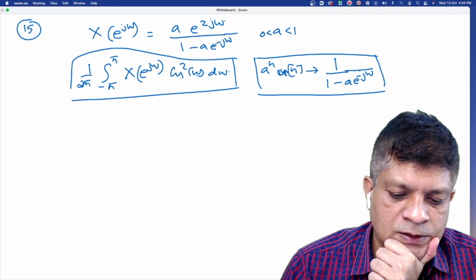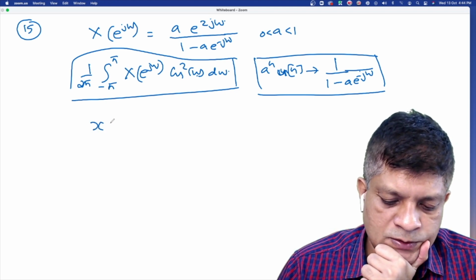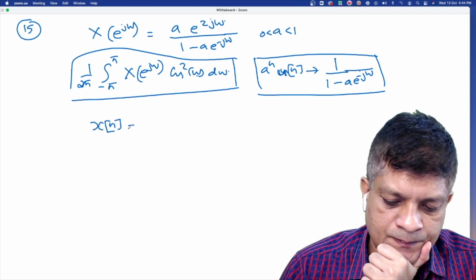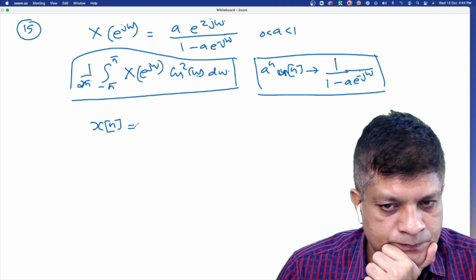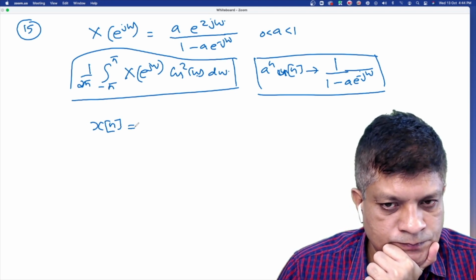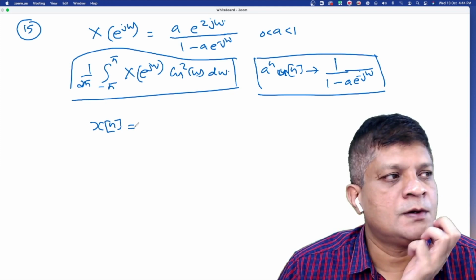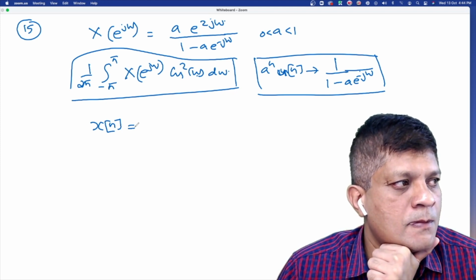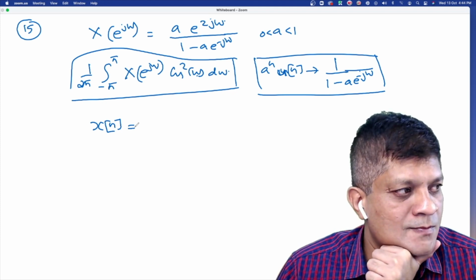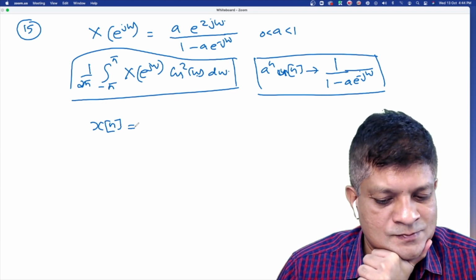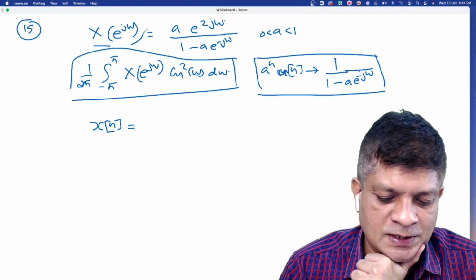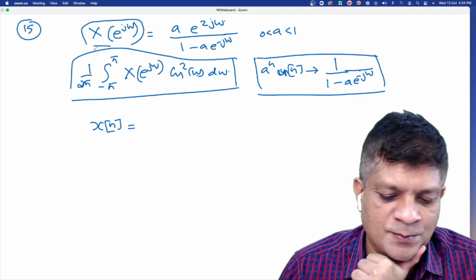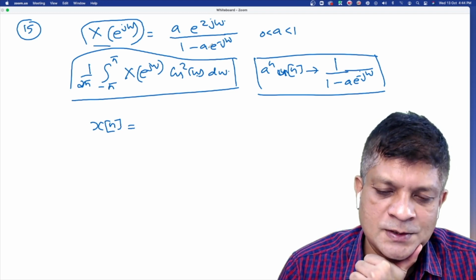Tell me, what is the inverse Fourier transform of this x of n? You can check the formula sheet. 1 by 2 pi integral over a period of X of e to the power j omega into e to the power j omega n d omega. Now, my question is, what is this? Is it X of e to the power j omega, isn't it? It is given.